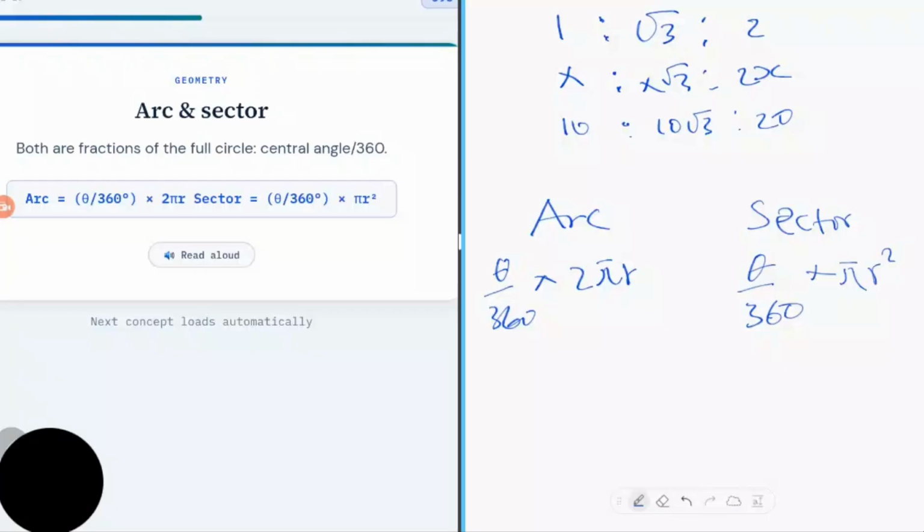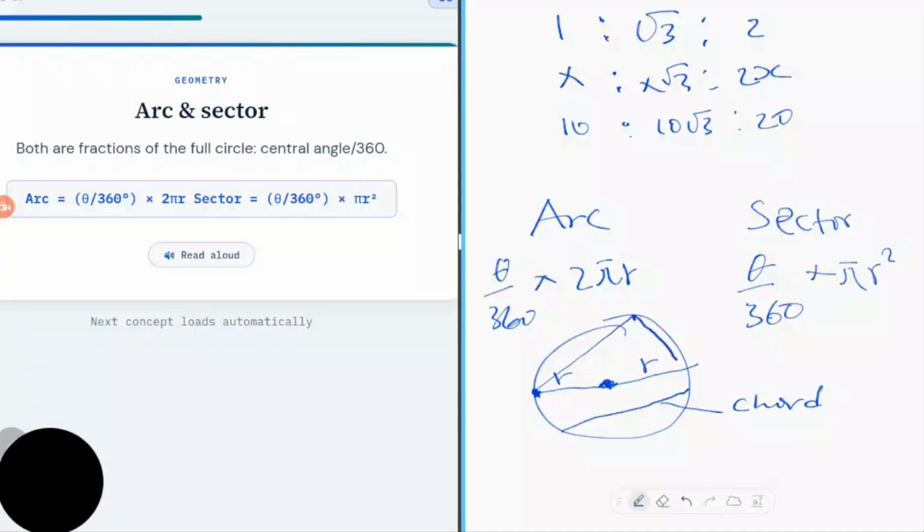The long line that passes through the center is the diameter, and half of it is the radius. The diameter is 2 radius. Any other line that touches 2 points of a circle but does not pass through the center is called a chord. If we join an angle from the diameter to any part of the circle, that angle will be 90 degrees.